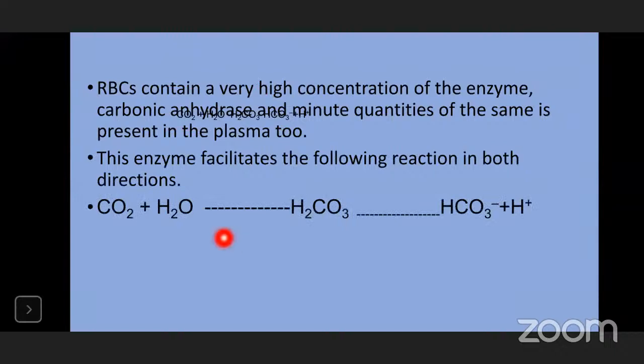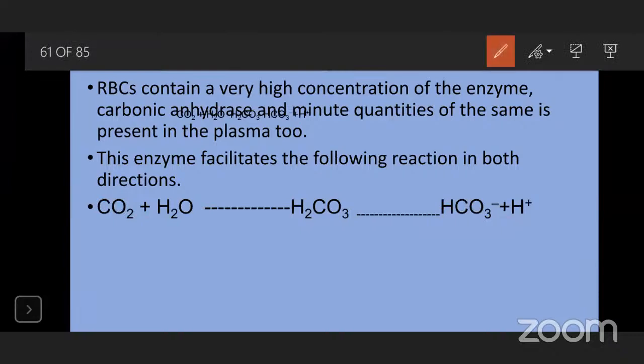Here the carbon dioxide will combine with the water to form H2CO3, and then this H2CO3 will get dissociated to form HCO3 minus plus H plus. This reaction is catalyzed by carbonic anhydrase.